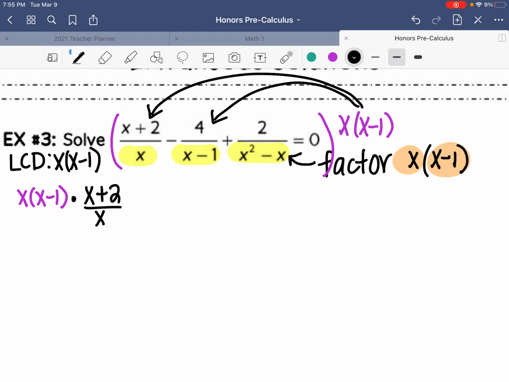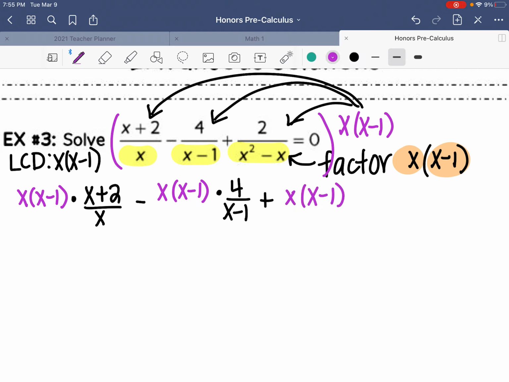So then I have minus, and we're going to do x times x minus 1 again, times 4 over x minus 1, plus, and then we're going to do the last piece, which is going to be x times x minus 1 times 2 over x times x minus 1, because we factored it.